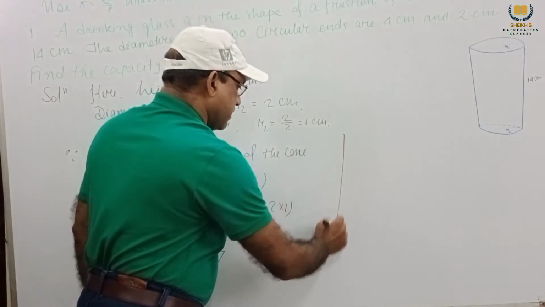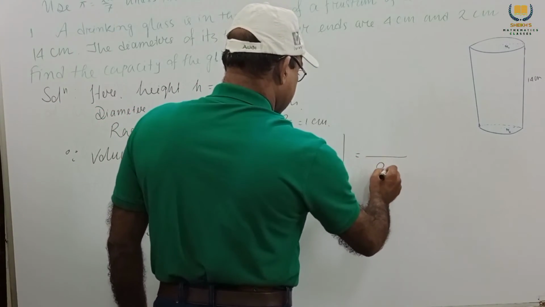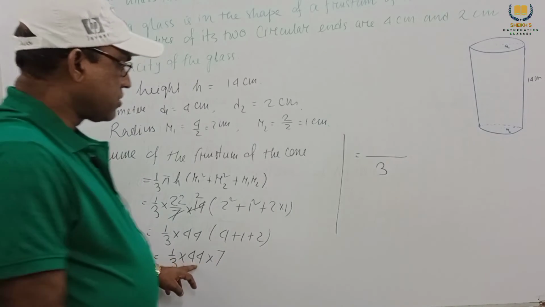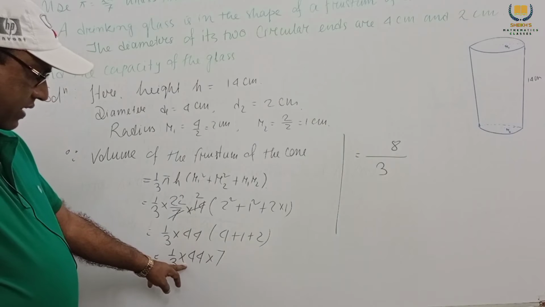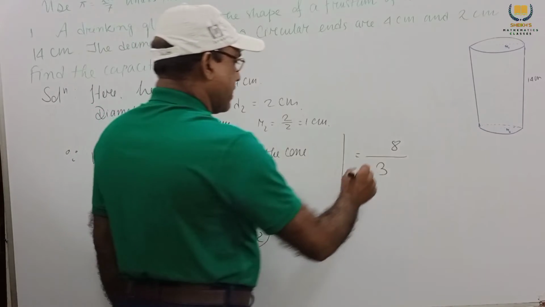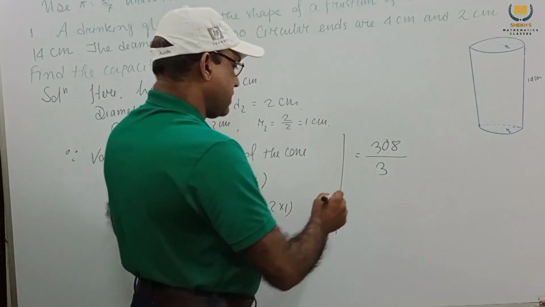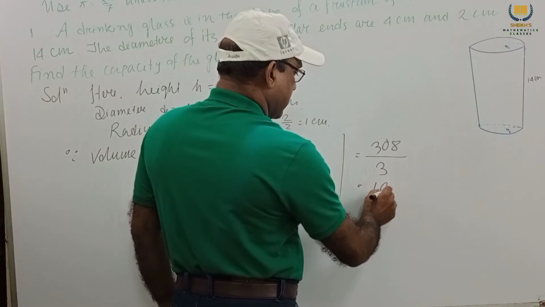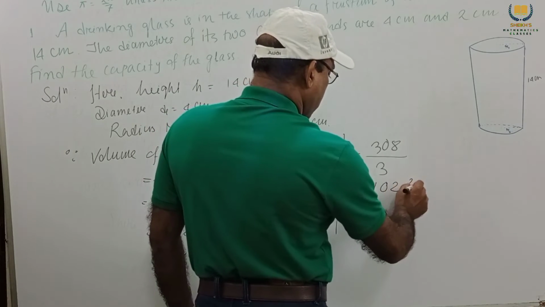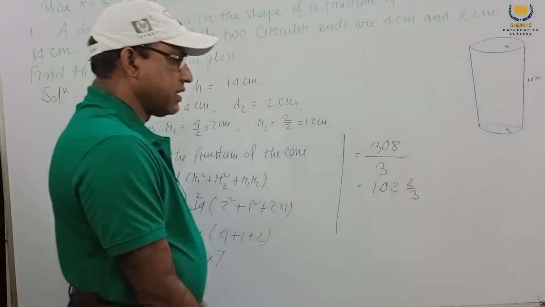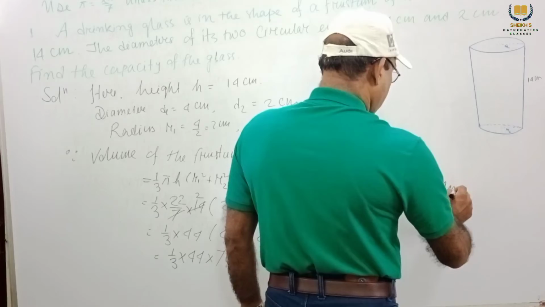So we get 1 by 3, 7 4s are 28, 7 4s are 28, then 30. If we divide this by 3, 3 10s are 30, 3 2, and 2 by 3. We get 102 2 by 3 centimeter cube.